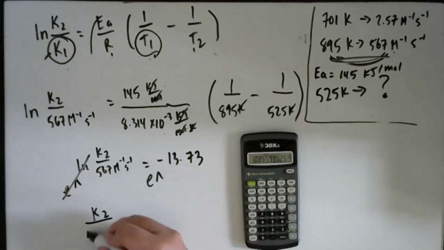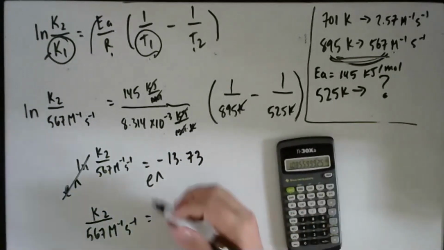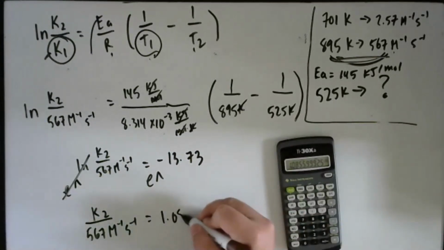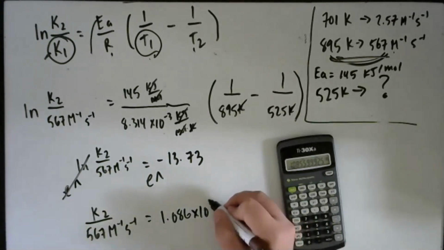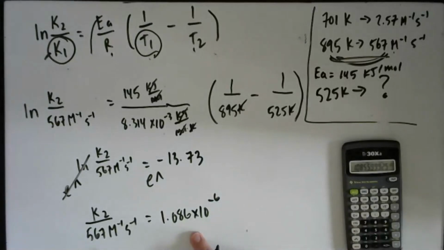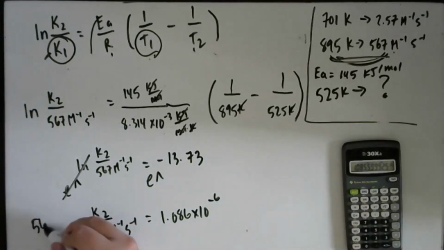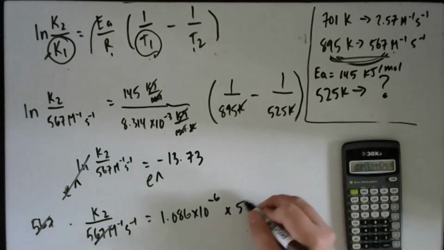And we end up with K2 divided by 567 equals 1.086 times 10 to the negative 6. You see, by doing that, I've made it pretty easy for myself to solve this because I just have to multiply both sides by 567 to solve.